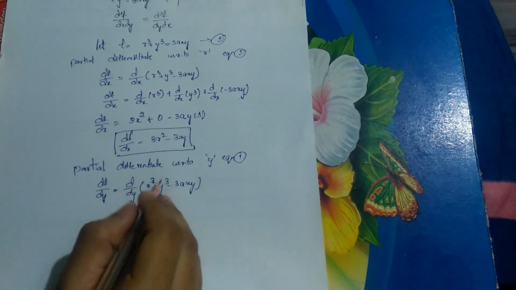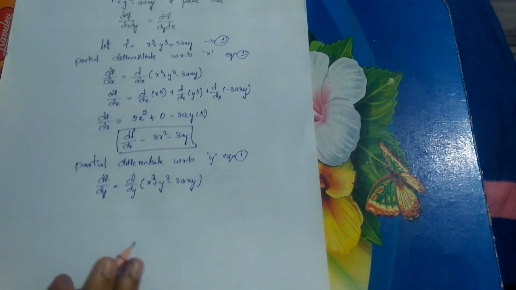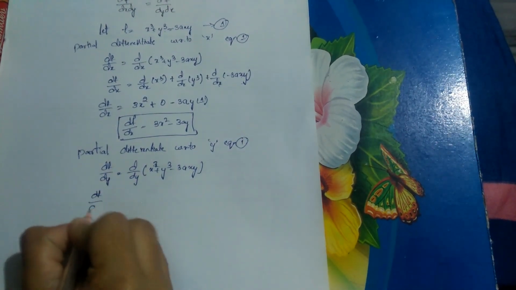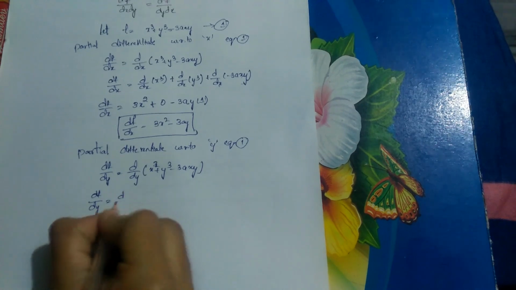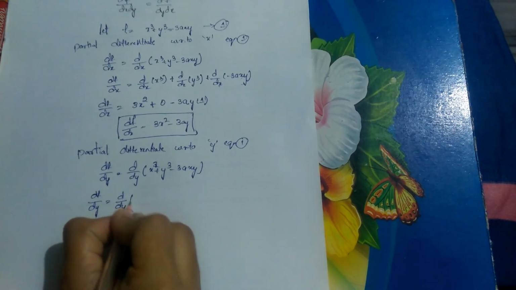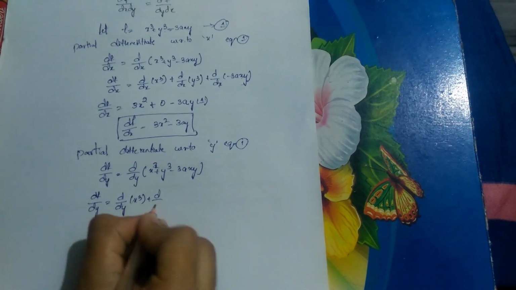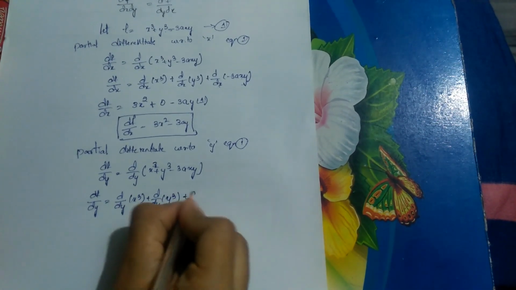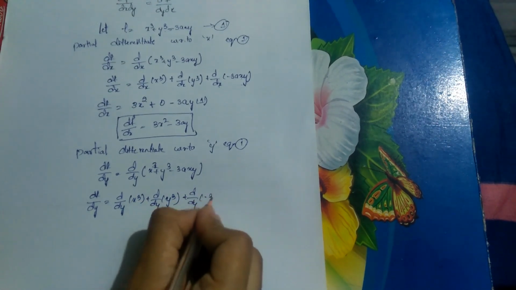So now the function f is differentiated with respect to y. Then here dou f by dou y is equals to, write separately, dou by dou y of x cube plus dou by dou y of y cube plus dou by dou y of minus 3axy.